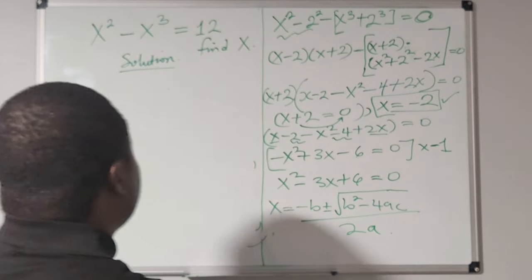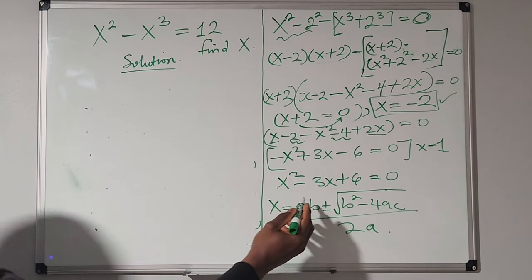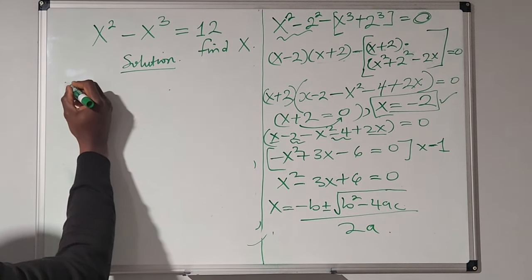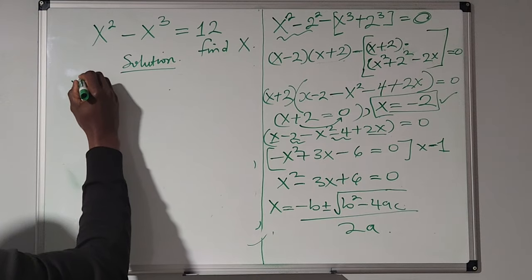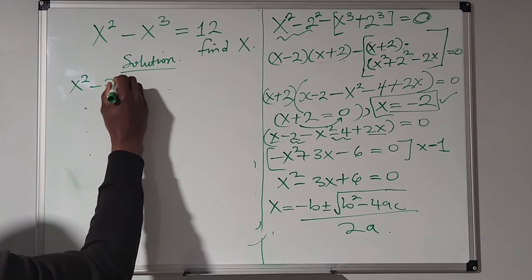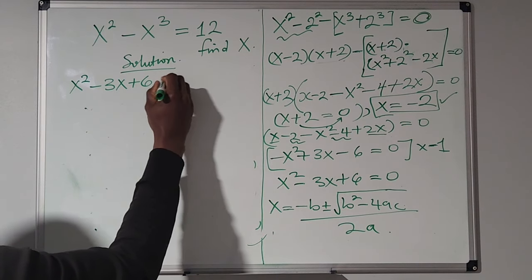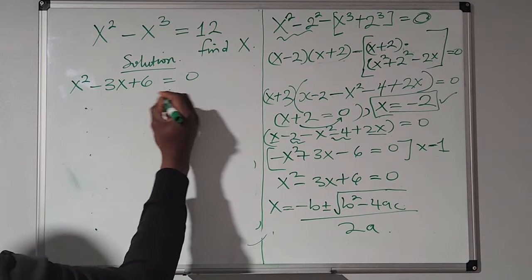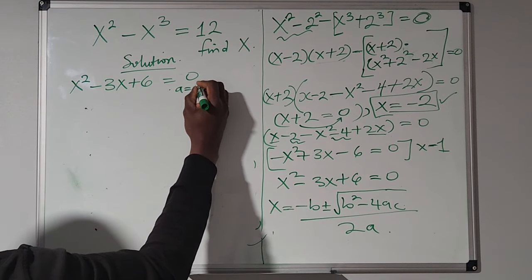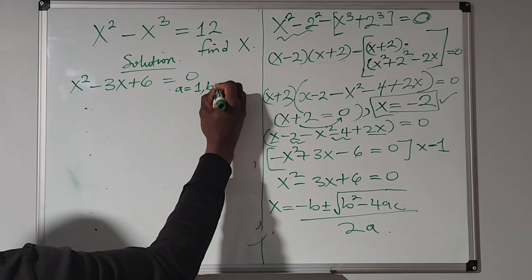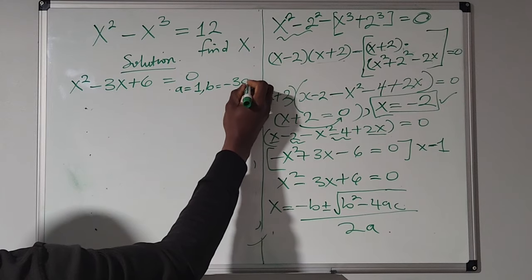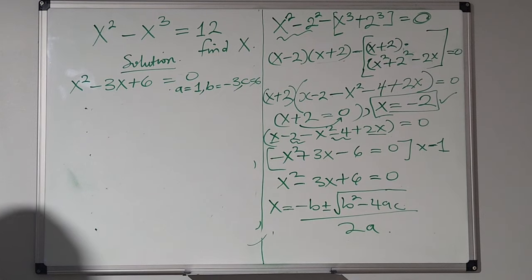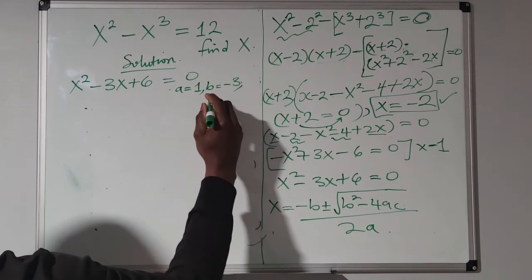Okay. So now, employing this formula, we have from our equation that x squared minus 3x plus 6 is equal to 0. So our a is 1, our b is minus 3, our c equals 6. Okay?